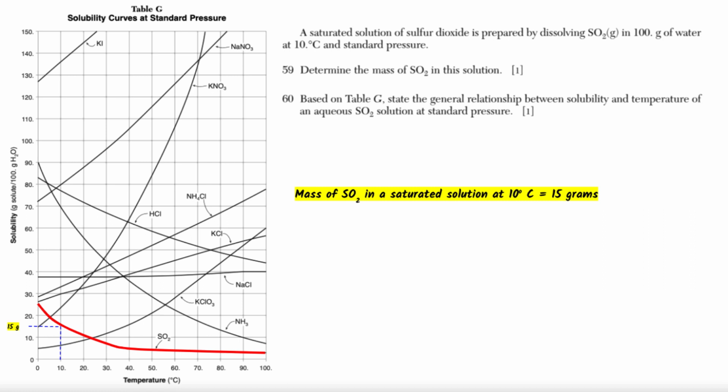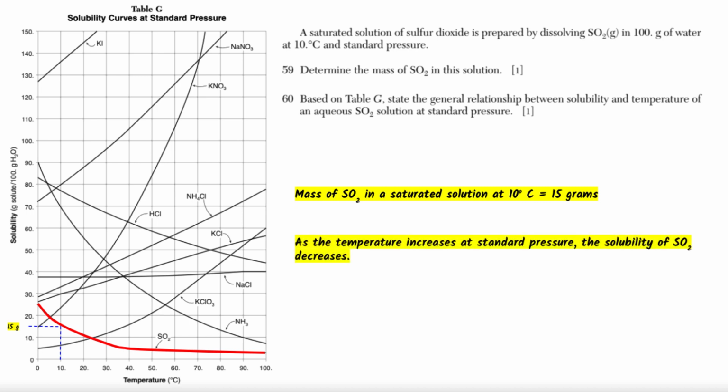Now, based on table G, the general relationship between solubility and temperature seems to be that as the temperature increases, the solubility of the SO2 decreases. Since SO2 is a gas, the problem tells us that, this makes sense, right? Gases have an inverse relationship with temperature when it comes to their solubility.